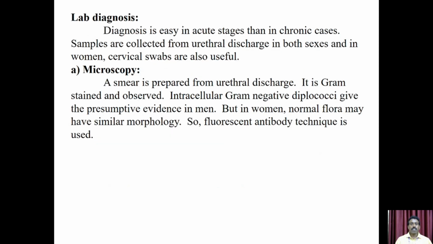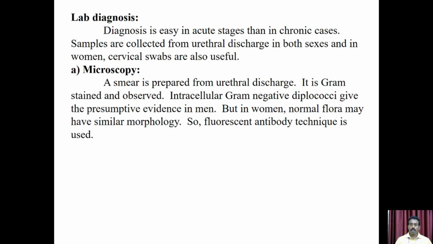Lab diagnosis. Diagnosis is easy in acute stages. In chronic cases, samples are collected from urethral discharge in both sexes, and in women cervical swabs are also used. First, the microscopic examination. A smear is prepared from the urethral discharge, Gram stained and observed.